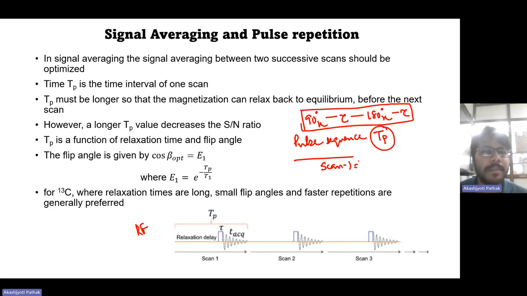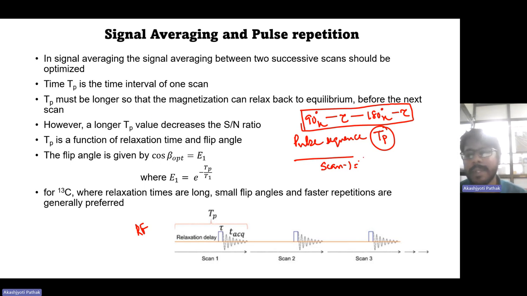Now the TP must be longer. Why must the TP be longer? So that the magnetization can relax back to equilibrium before the next scan. The magnetization which, after the pulse, was oriented in the XY plane needs to relax back to equilibrium, so this TP should be longer.